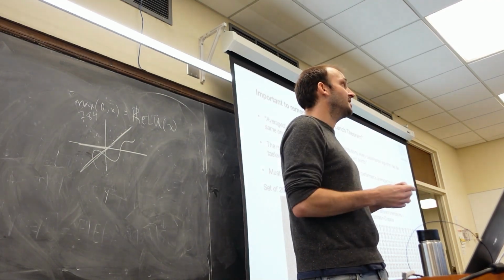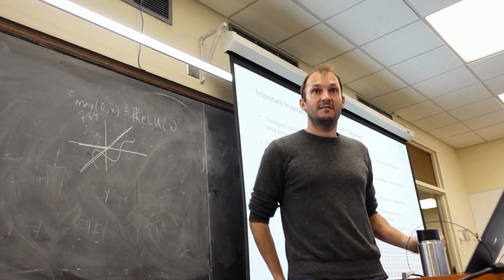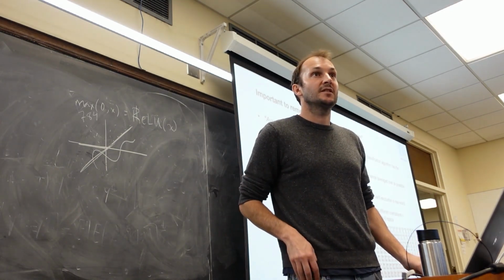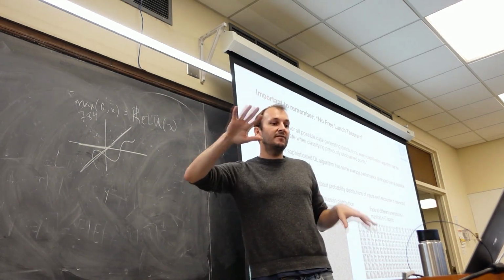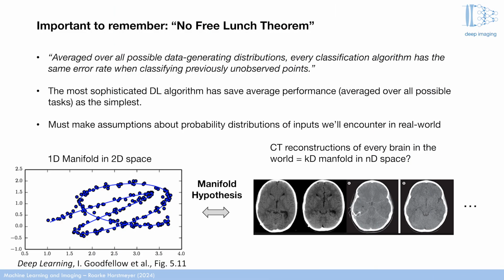Or whatever you want it to be, or all images, period. Right, that look realistic to humans. It's a much lower dimensional curve. Here's a manifold drawn over there, a one-dimensional manifold drawn in a two-dimensional space. And that's really what we're after, is thinking about those manifolds in machine learning.